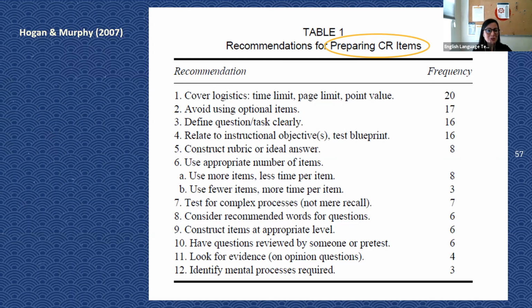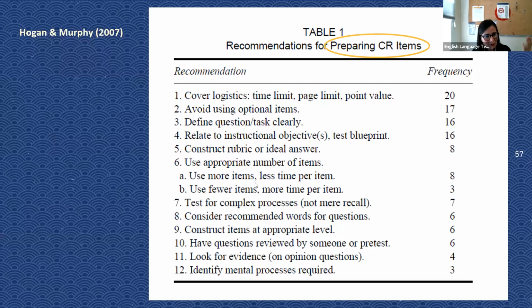So you give them the option to choose what topic they prefer to write about, but then that causes a problem of consistency and reliability of scores. So pick and choose what problem you're going to solve and how you're going to go about it, right? So 17 out of 25 sources recommend avoid using optional items, right?